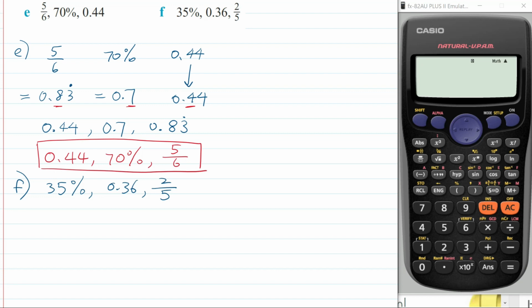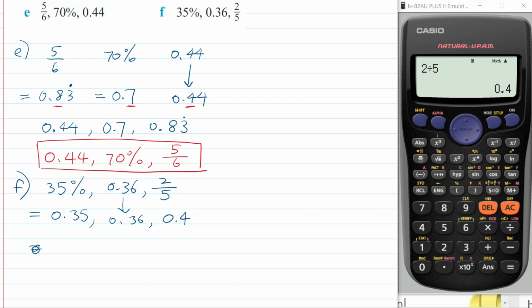And I'm going to do my conversion now. 35 divided by 100 gives me 0.35. That is simply 0.36. 2 over 5 can also be done by pressing 2 divided by 5 on a calculator. So that gives me 0.4 as the decimal representation.